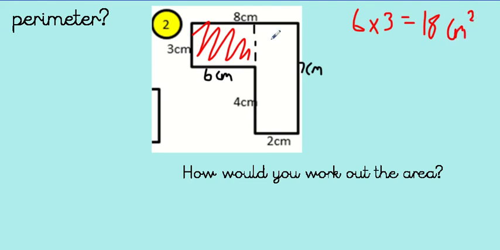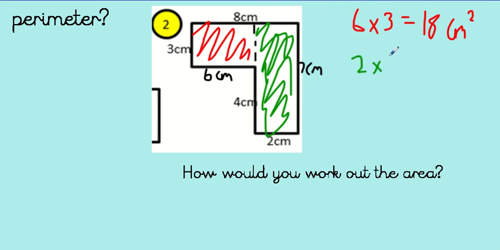And then I can actually work out the area of this rectangle here, because I can do the width, which is 2 centimetres, times the length, which is 7 centimetres, and that's going to equal 14 centimetres squared. And then to figure it out, what do you think I'm going to have to do to those two numbers?